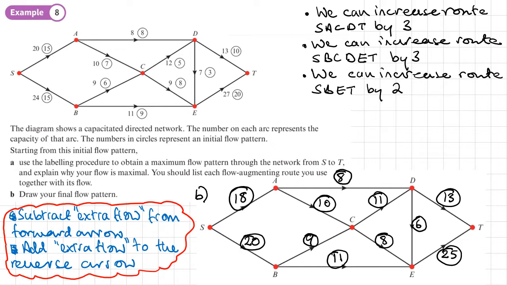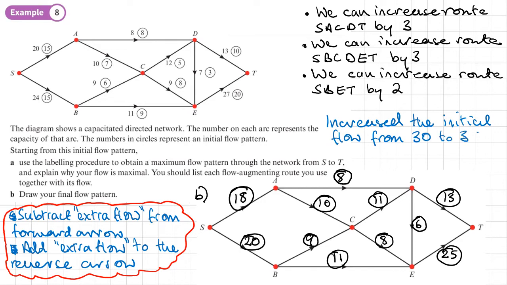So although this is not part of the question, we can say that we've increased the initial flow from 30 to 38. So we managed to increase the flow by an extra 8 units by using this method, procedure, algorithm to do that, this flow augmenting route method.